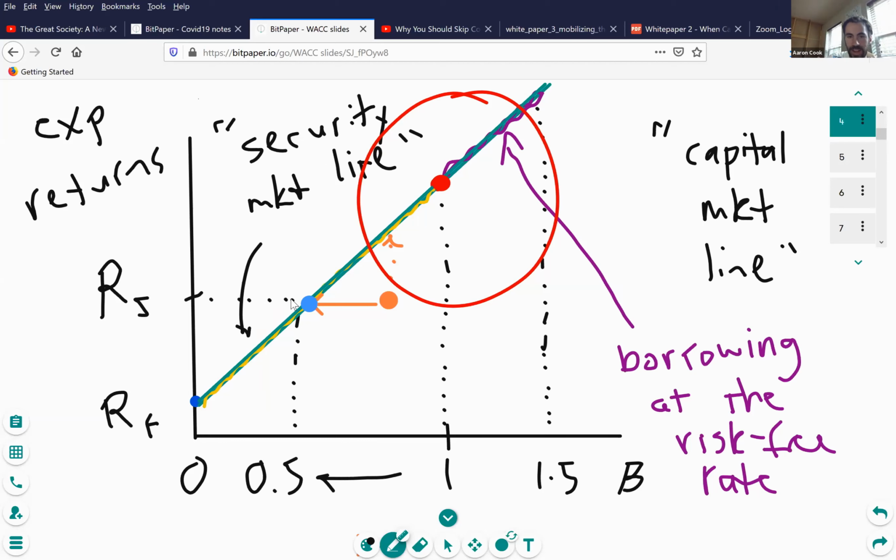For an asset that has a particular level of risk, remember that level of risk is measured by the beta. For an asset that has a particular level of risk, this security market line defines the relationship between the beta and the required return, and that's going to be an input into our weighted average cost of capital.